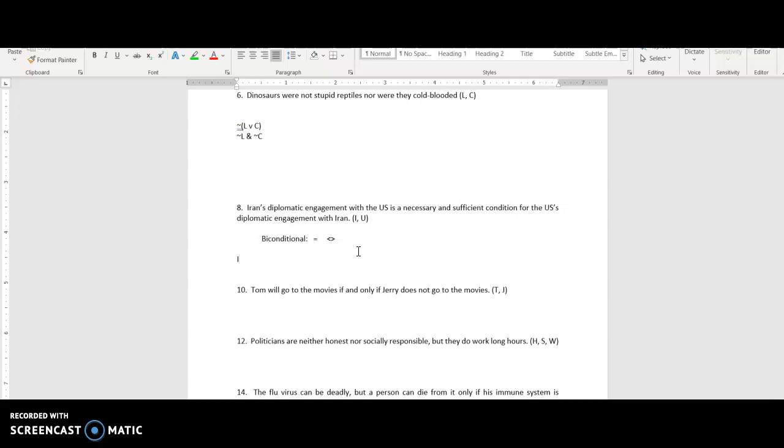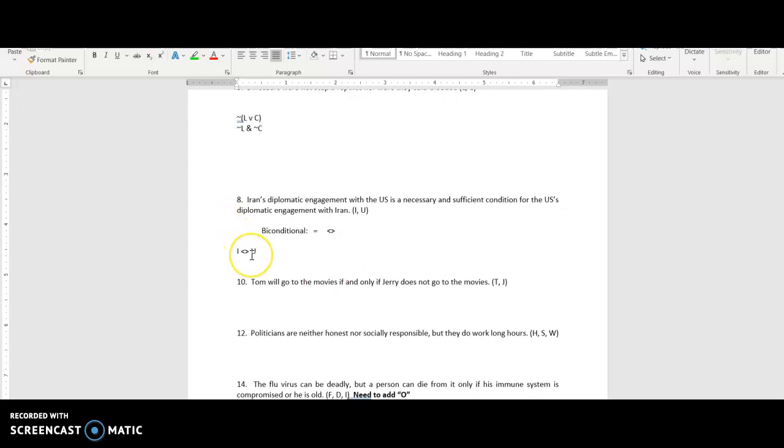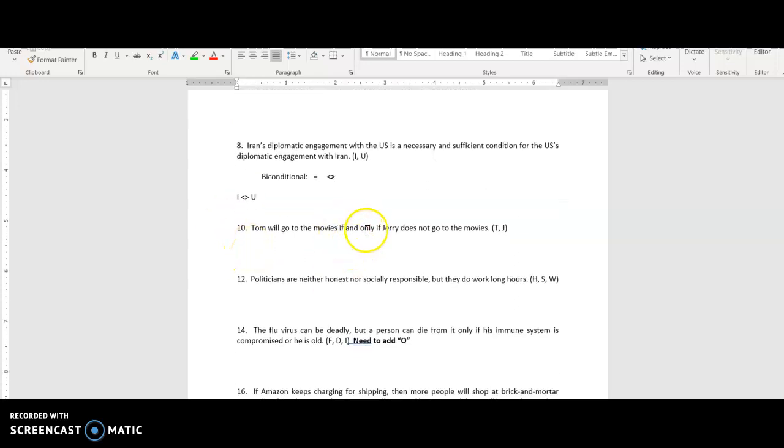So Iran's diplomatic engagement with the U.S. is necessary and sufficient for the U.S.'s diplomatic engagement with Iran. That's a simple biconditional. So if something is both a necessary and sufficient condition, use the biconditional. Also, if and only if, that too is a biconditional.